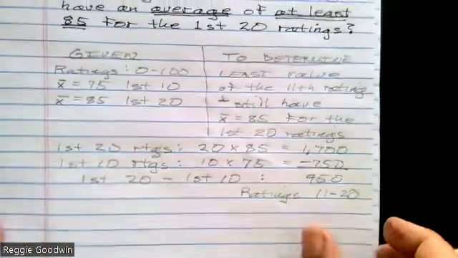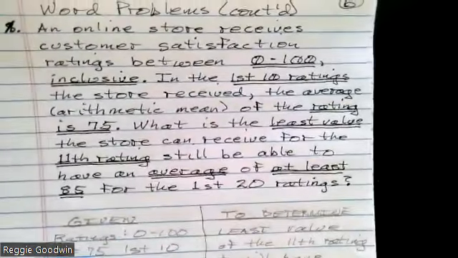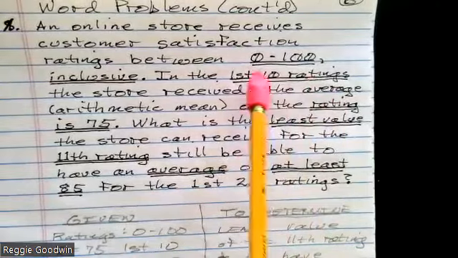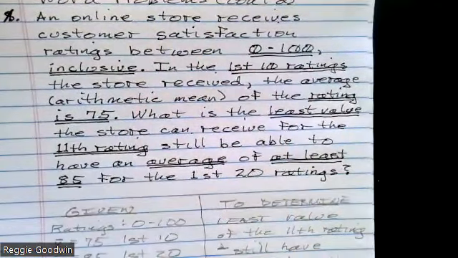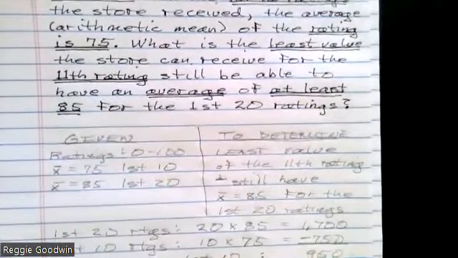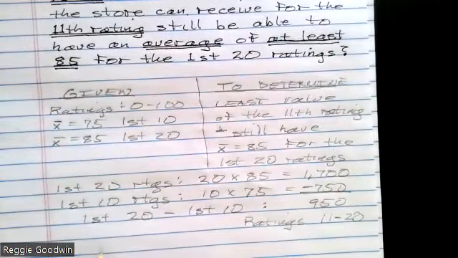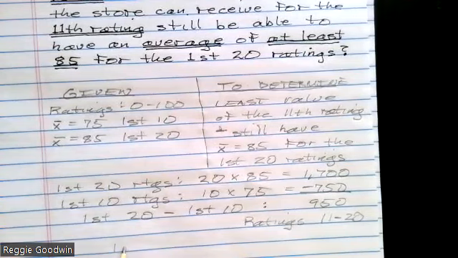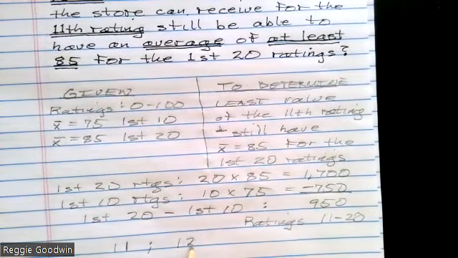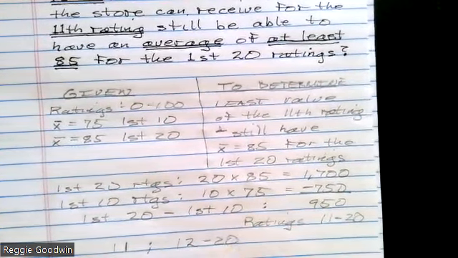Now, the ratings, going back to our word problem, are 0 to 100 inclusive. So I am going to assume that for ratings, so here's rating number 11 and ratings 12 through 20.